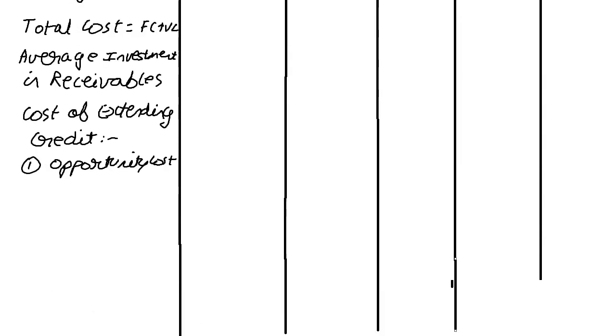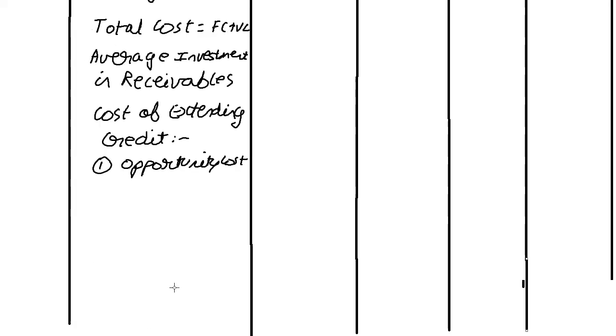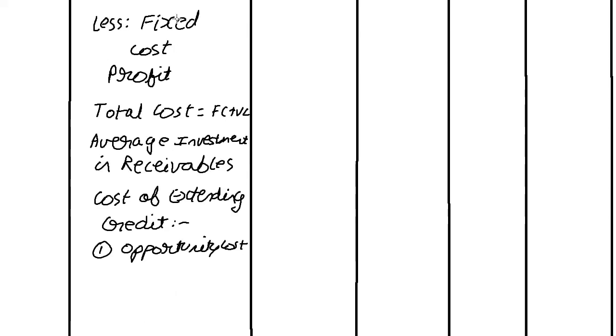Alright, so we have opportunity cost, okay, which is normally given to us in terms of a percentage. Whatever that percentage is, you're going to multiply that into your average investment in receivables. Okay, across the board, and we get for all of them.